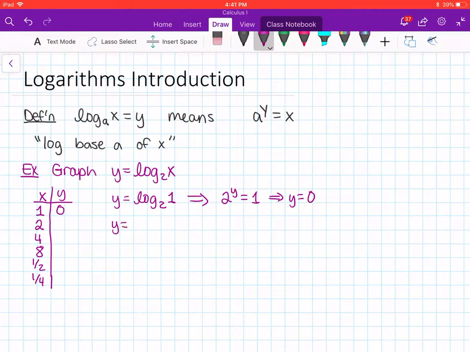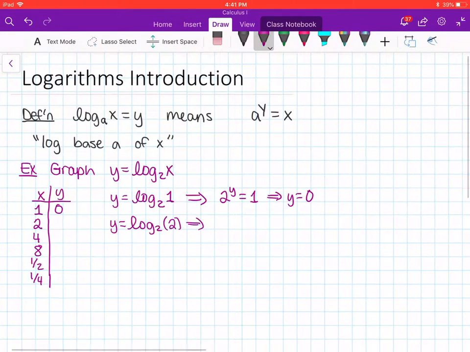Okay, next one, y equals log base 2 of 2. We have our base number is 2. The thing on the other side of the equal sign is y, and then that equals whatever's inside the logarithm. And so that equals 2. And so, since our base numbers are the same, then we know our exponents have to be the same. So y equals 1 in this case.